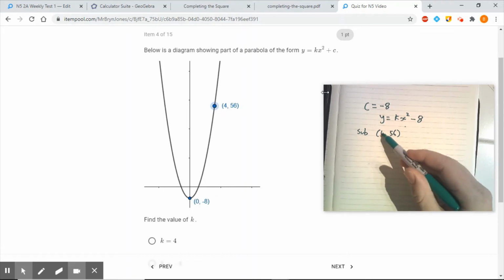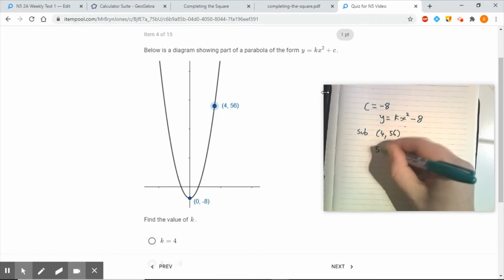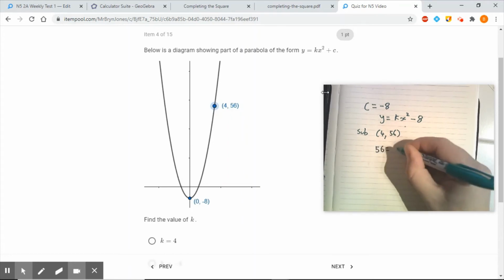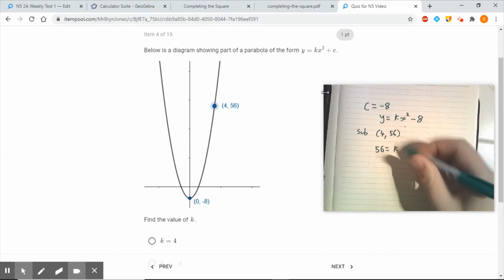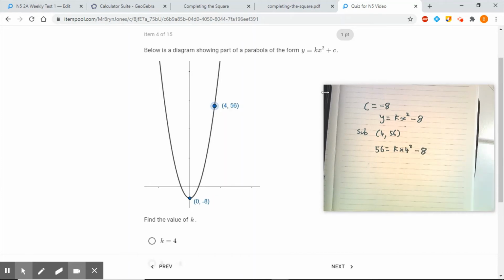Again, this is my x coordinate, this is my y coordinate. So I'm going to replace y with 56, and replace x squared with 4 squared. And that -8 is still there.